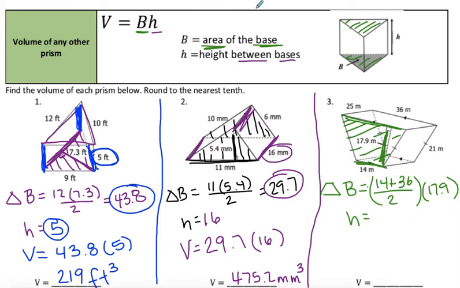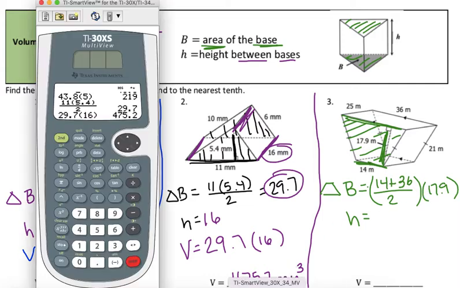And so as I look at this, I need to put that in my calculator. So I'm going to have 14 plus 36, and then divide that by 2, and times that by 17.9. Okay, so I get 447.5 for my area of my base.